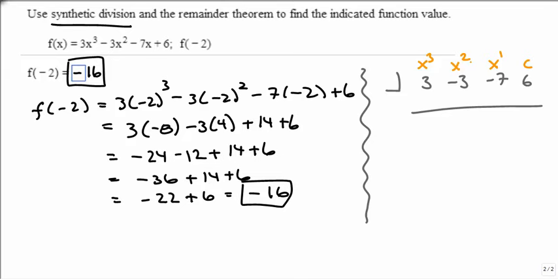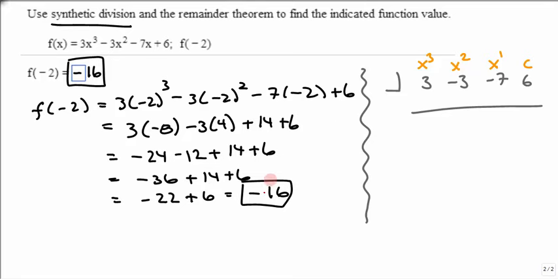Now the question is, what's going to go out here? Well, when I'm talking about f of -2, that's not the same as the problems we were working up above. Up above we were given a factor such as x plus 2, and then we put a minus 2 here, or x minus 7, and then we put a positive 7 here. So we need to figure out what we're going to put here.